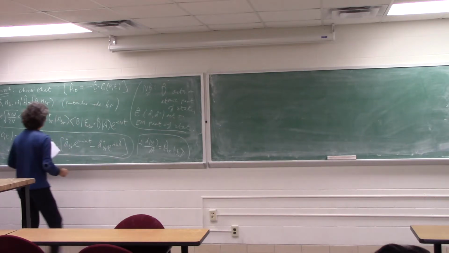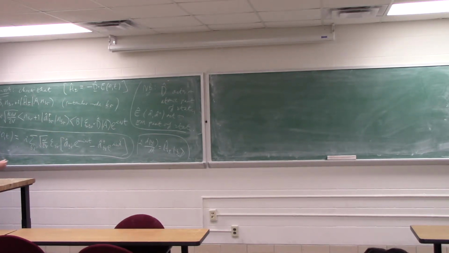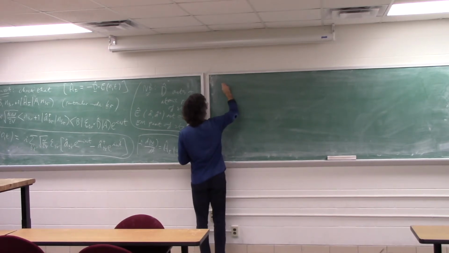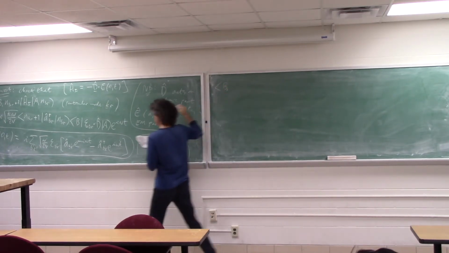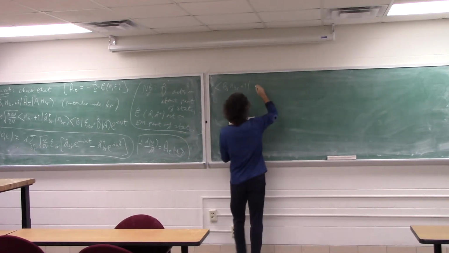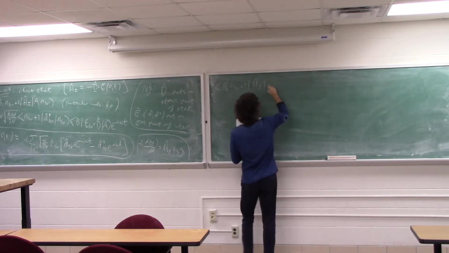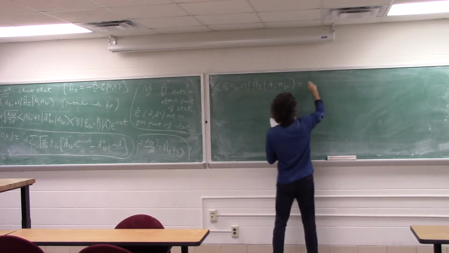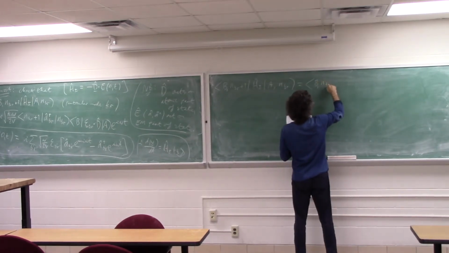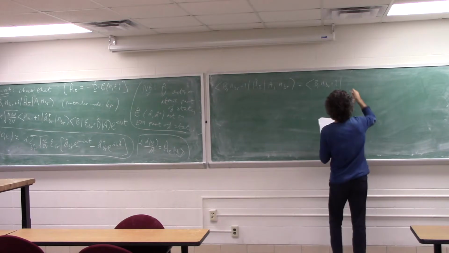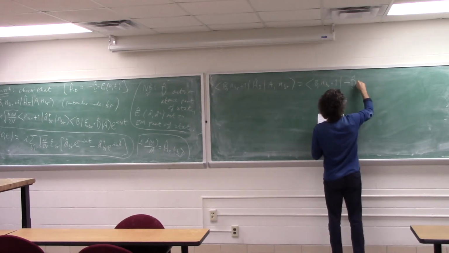And if you look at the transition matrix element, so we have B, this is equal to B, n plus 1, with an interaction Hamiltonian minus D dot E.